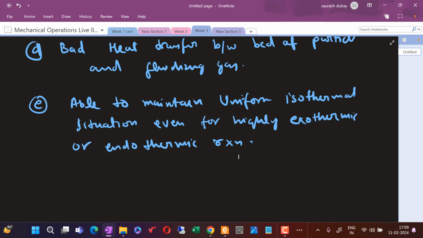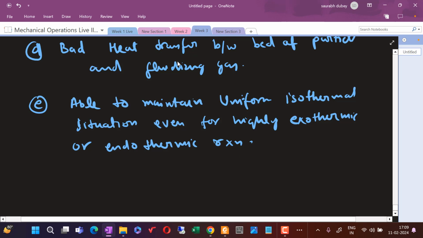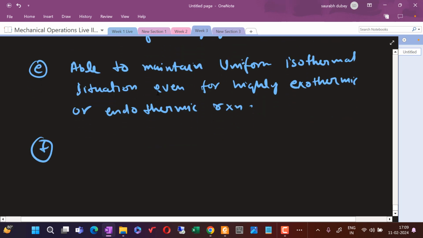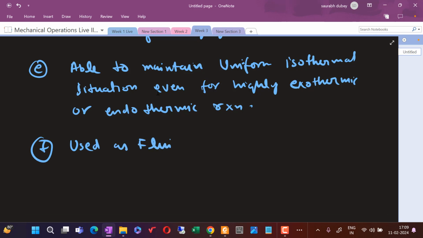Okay, so that is the one thing that I wanted to say. And this is used in the fluidized catalytic cracker in a petroleum plant.